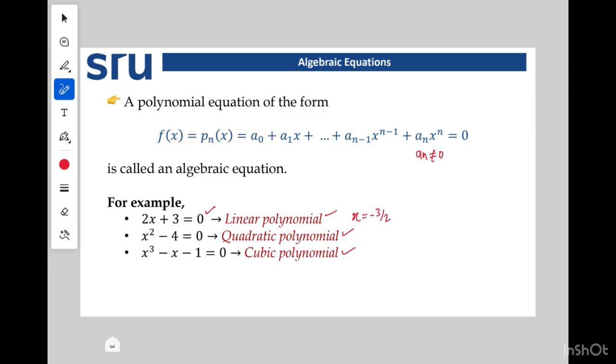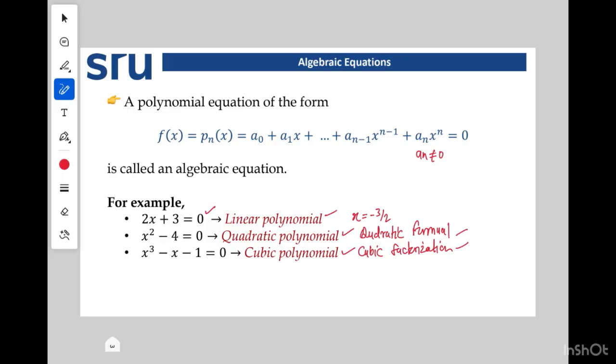For a quadratic polynomial we have the quadratic formula, and for a cubic polynomial we have cubic factorization. So we can directly calculate the roots using these formulas.